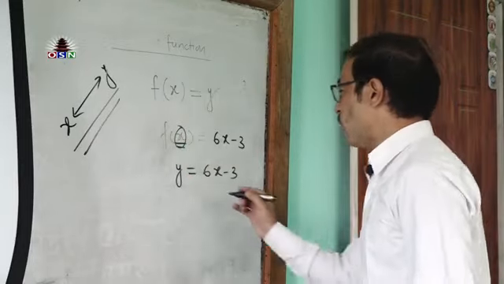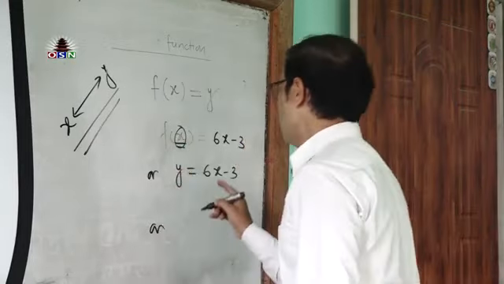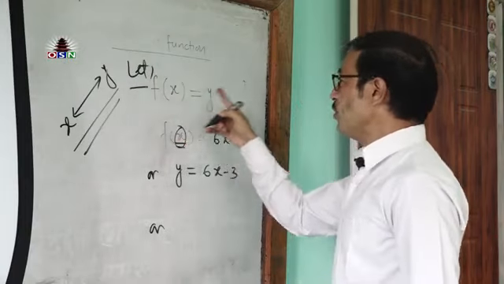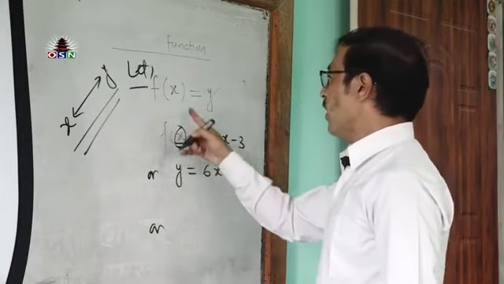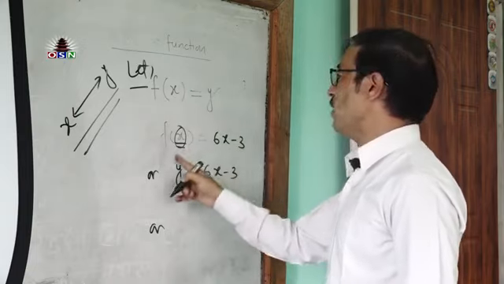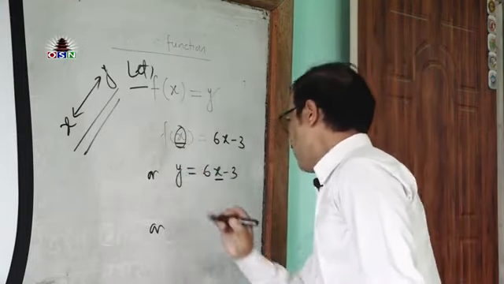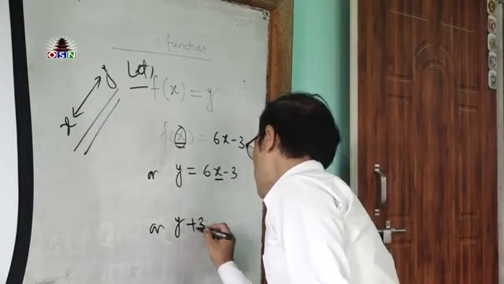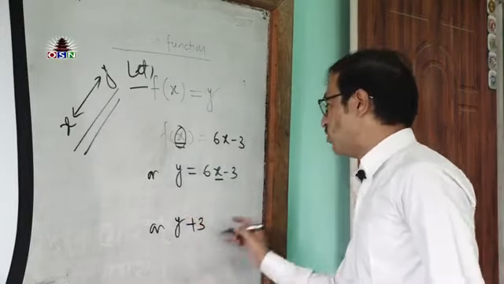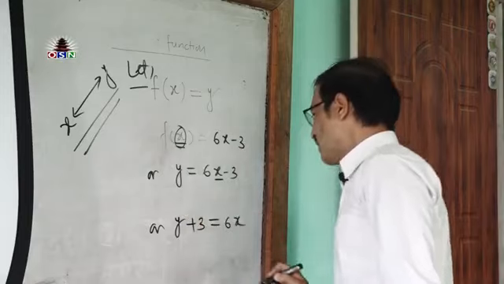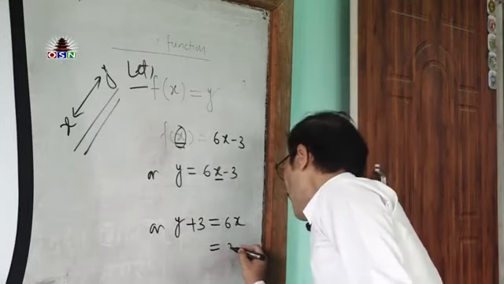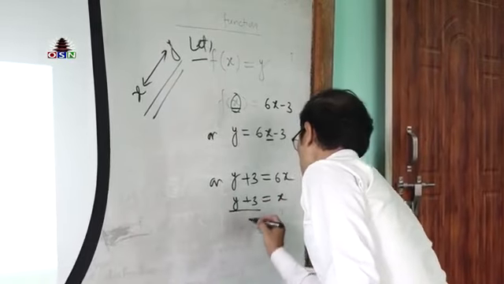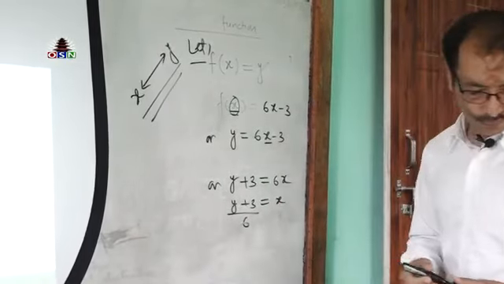What we have to do here: first suppose x is the input and y is the output, so in place of f(x) you write y. Then let's make x alone. Y plus 3 goes to the left, minus 3 goes to the left as plus 3. In the right-hand side 6x, and again let's make x alone here. Y plus 3 upon 6 goes down here.